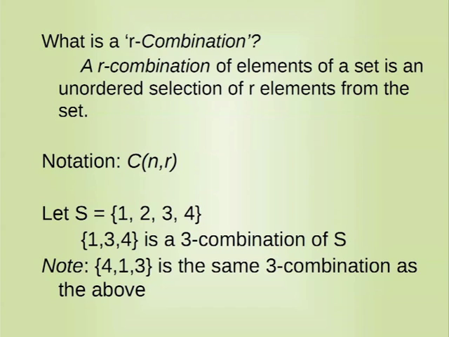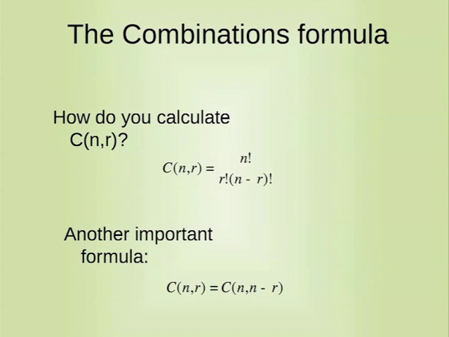But 4, 1, and 3 is the exact same combination. You only count that once, whereas in a permutation, those would be different. This is the main difference, and if you think about that, that means that a permutation must have more arrangements than a combination. Or, in other words, you're overestimating.